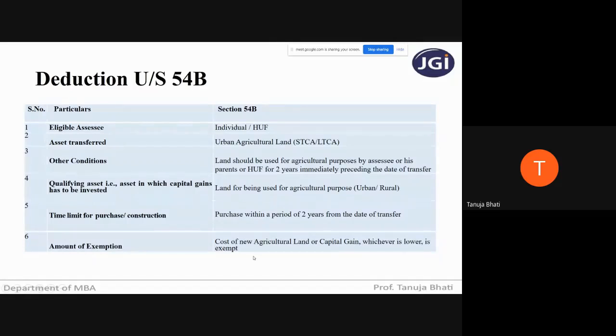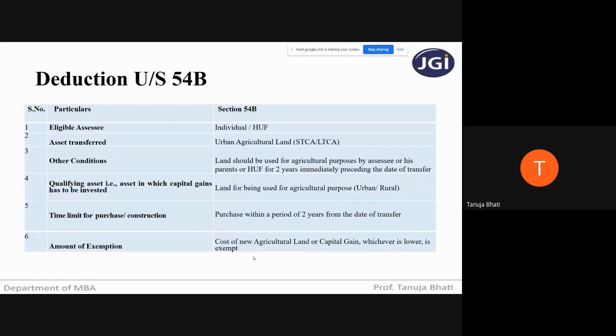So remember students, in section 54 we saw he is transferring a residential house and investing the capital gain in a residential house. In section 54B, he is transferring urban agricultural land and the investment he is making is in another agricultural land, which can be urban or rural, but he should purchase it within a period of 2 years.